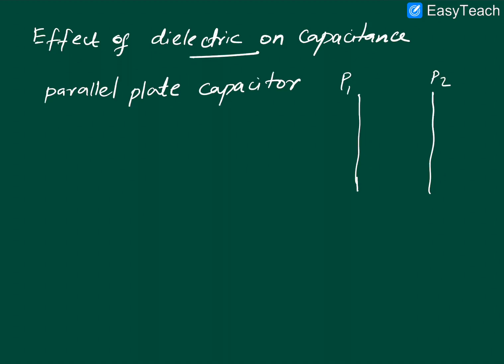In the previous discussion, what we explained is, in between P1 and P2 there will be air. Now instead of air, let us consider some other dielectric in between the plates.